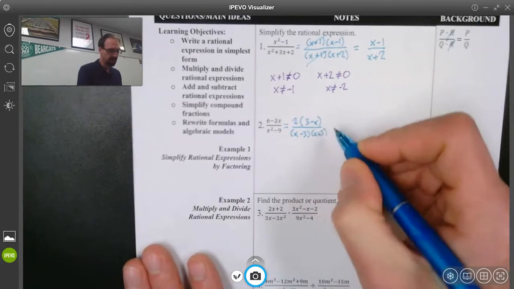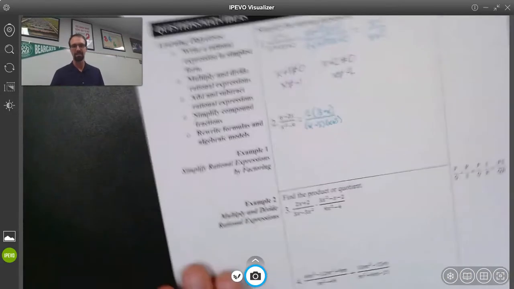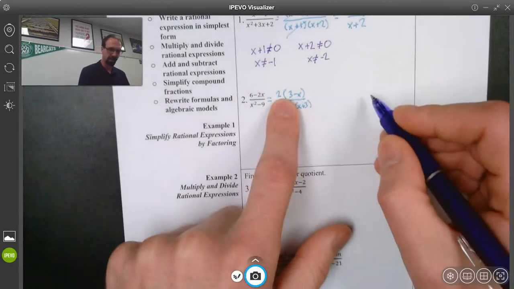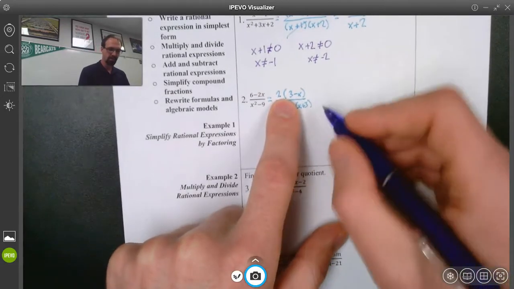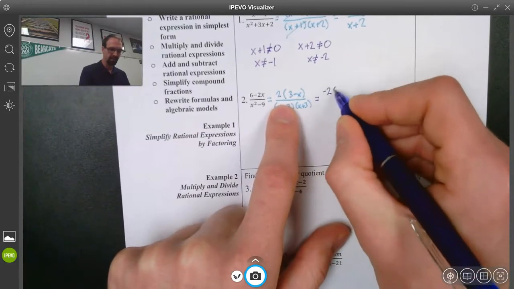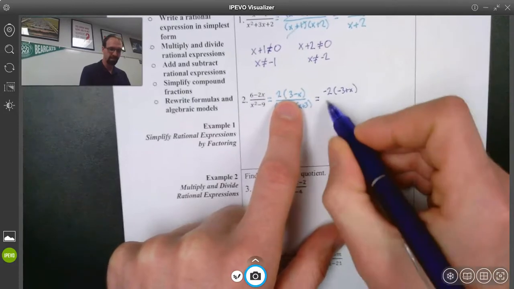All right, so again, we've got to be careful. This looks like there's nothing else that we can continue, but that 3 minus x and x minus 3, those look really similar. In fact, what if I factored out a negative sign from this 3 minus x? So what if the numerator now was instead a -2, and then now I'm going to have a -3 plus x?